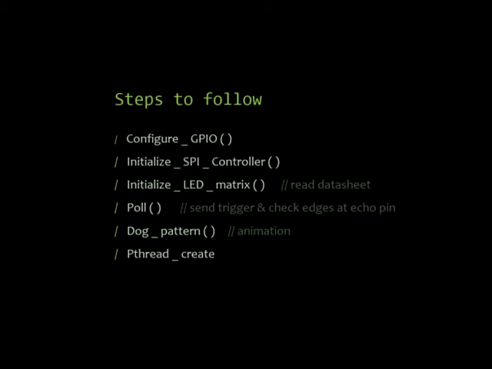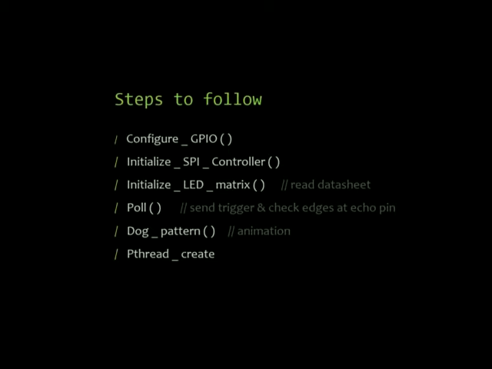And after initializing SPI, we need to initialize the LED matrix by setting the scan limit, intensity of the LED, etc. For that, we need to read the datasheet properly in order to know the register address and the particular value.